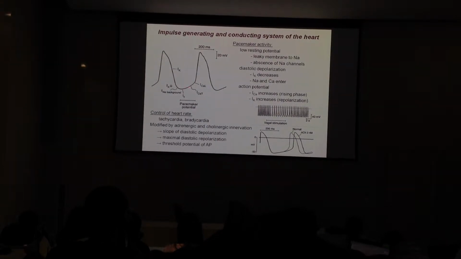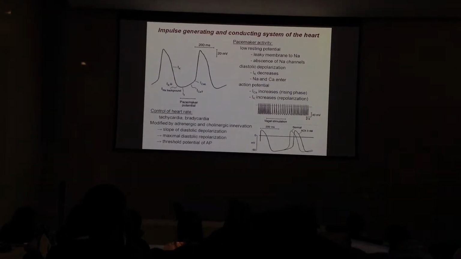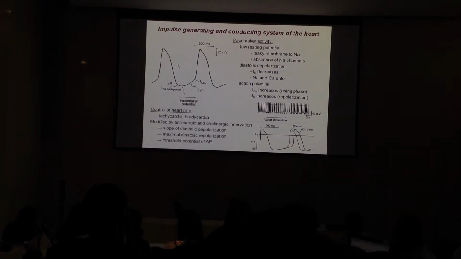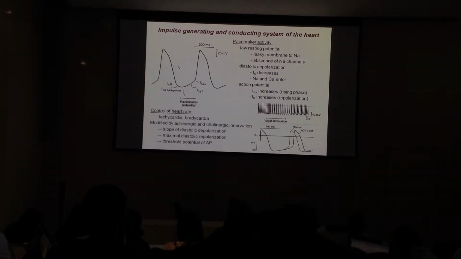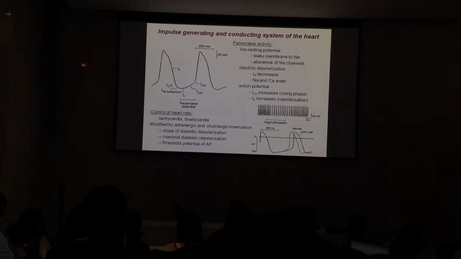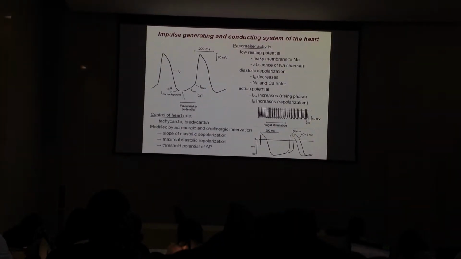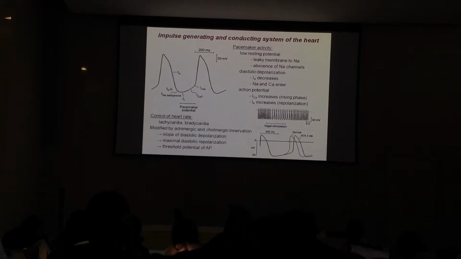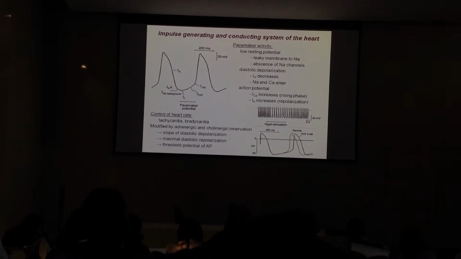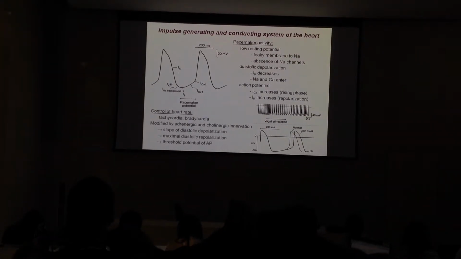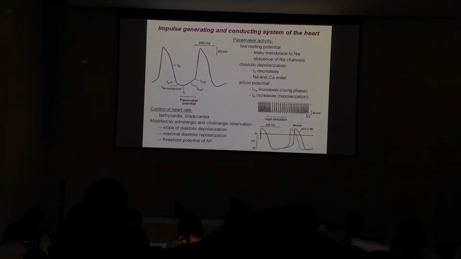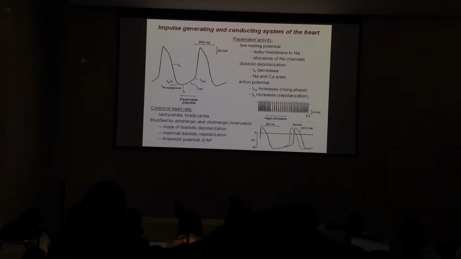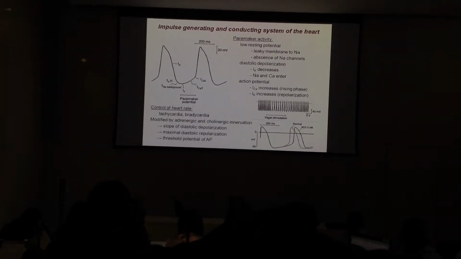What is the role of the diastolic depolarization? The diastolic depolarization slowly depolarizes the membrane because sodium and calcium can enter through the resting membrane. And there is a hyperpolarizing effect of the potassium. Therefore, the potassium current decreases, the calcium current increases, therefore, there is a slow depolarizing phase.